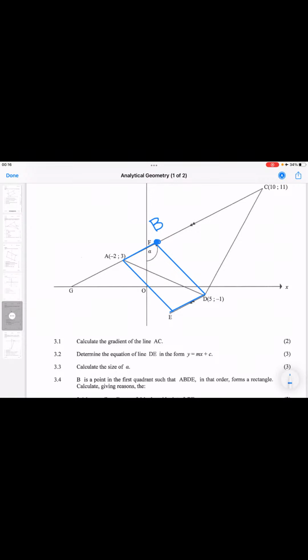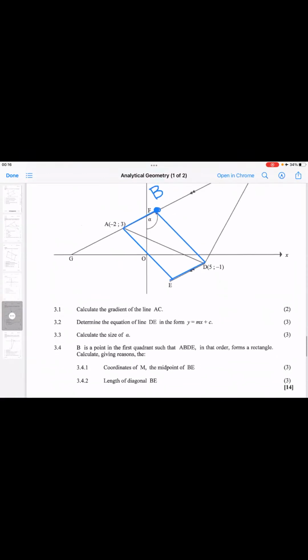Now they are saying calculate giving reasons. There, let me scroll and see what we are dealing with. 3.4.1, calculate, giving reasons, the coordinates of M, the midpoint of BE.